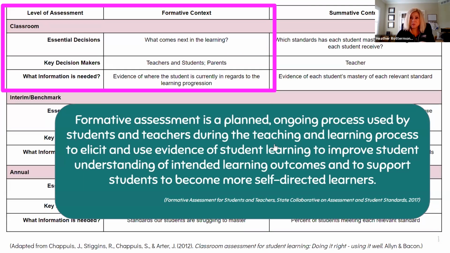And we want to include students as decision makers, but also as consumers of their own assessment information, because they also need to know where they are at in the learning in relation to that learning goal or that learning target, because then they have to interpret that feedback that we give them in order to make necessary adjustments to their own work. So it's important that we note that the formative assessment process is not just for teachers, but it's also for our students as well.